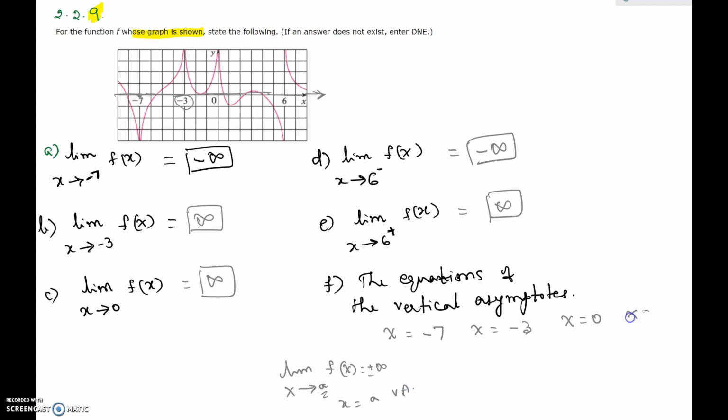So x equal to 6 is a vertical asymptote, because to the left of 6, the graph is approaching negative infinity, and to the right of 6, the graph is approaching positive infinity.